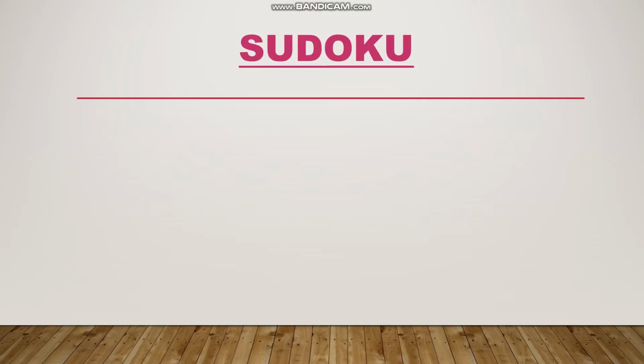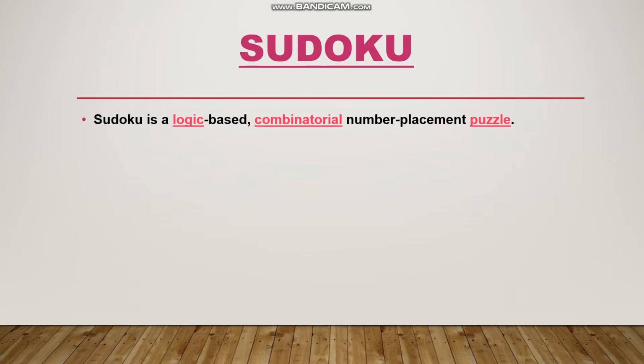Now, the GUI is a Sudoku solver. Let's discuss Sudoku. What is Sudoku actually? Sudoku is a logic-based combinatorial number placement puzzle. It means you have to place numbers in the puzzle, frame a rectangular box filled with numbers, and then check with the answers.